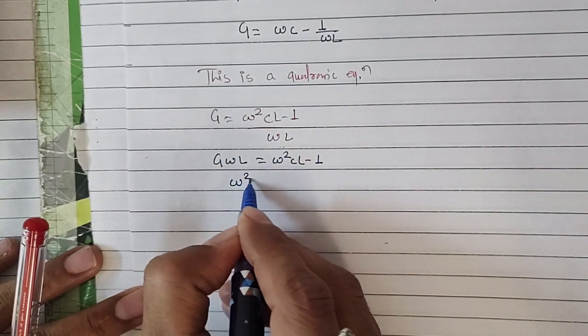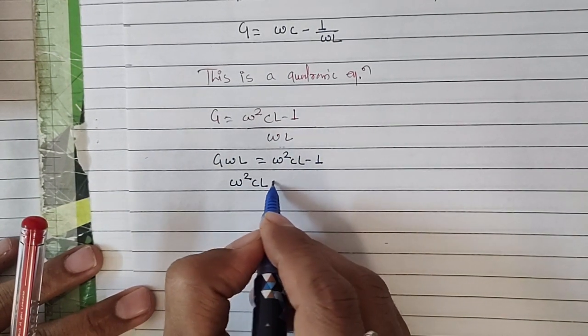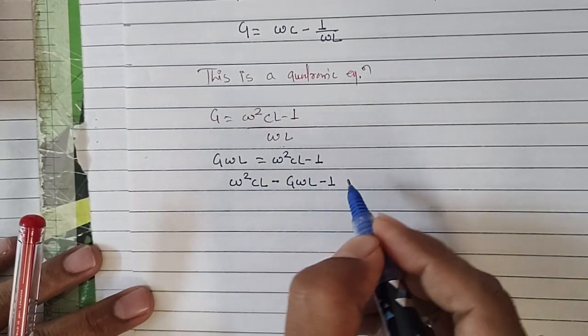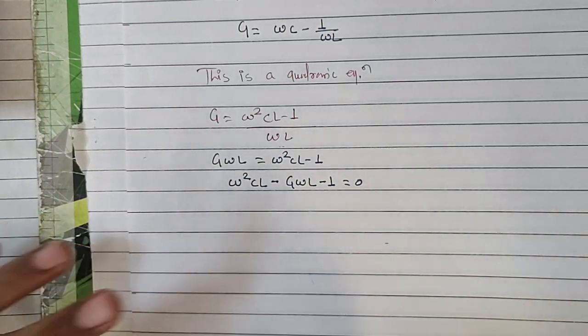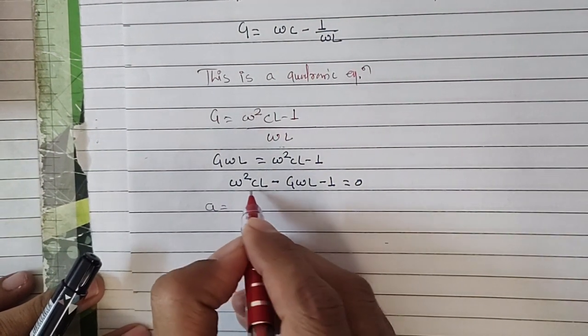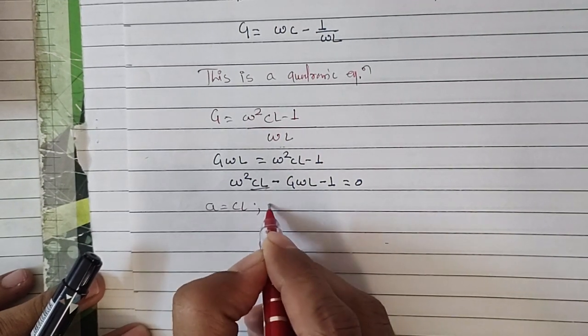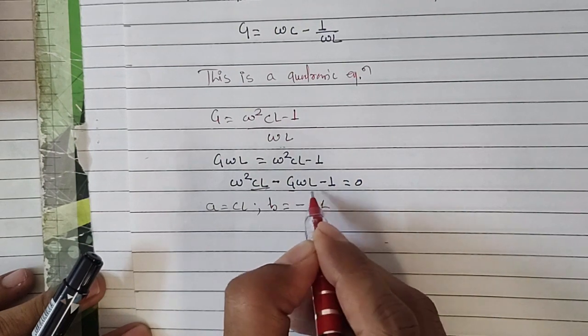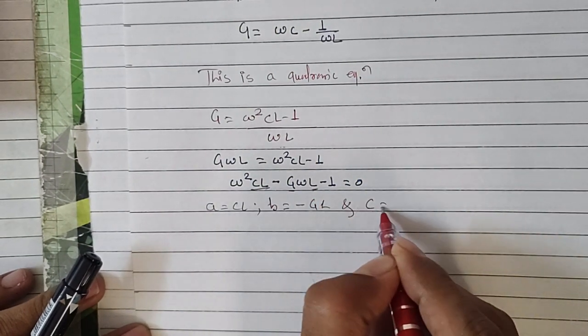Finally, omega square CL minus G omega L minus 1 equal to 0. So from this, A is equal to CL, B is equal to minus GL, and C is equal to minus 1.